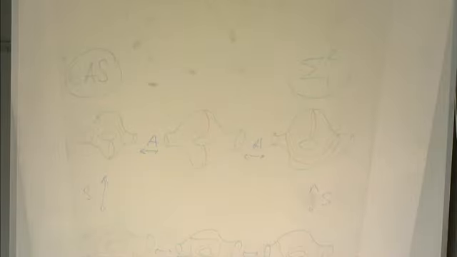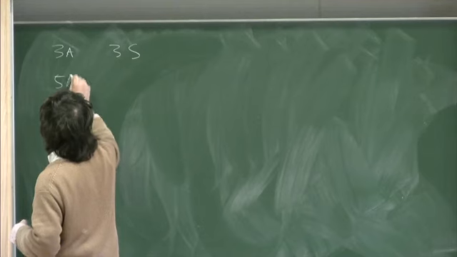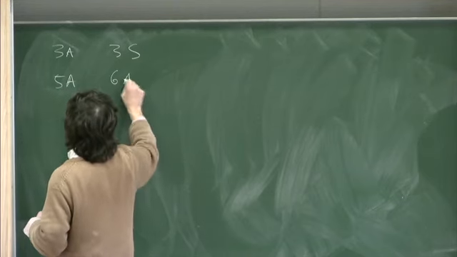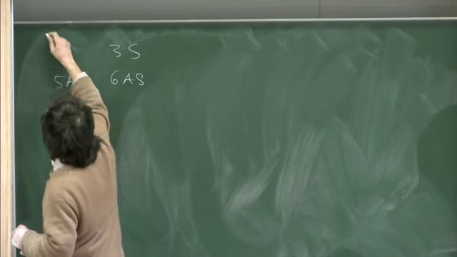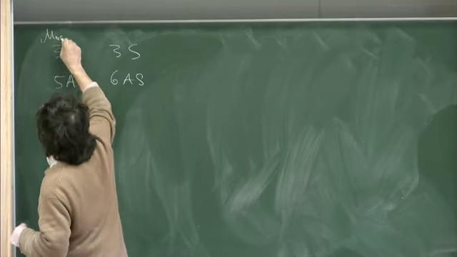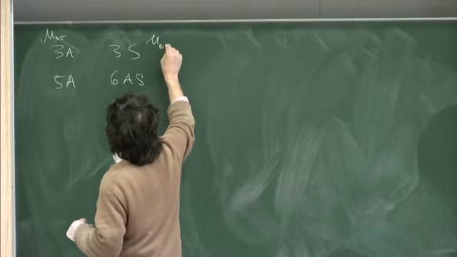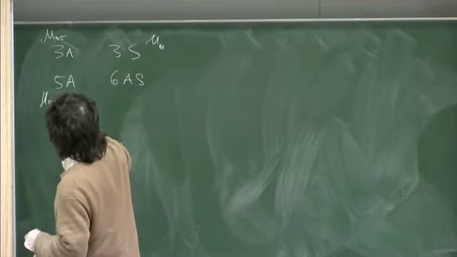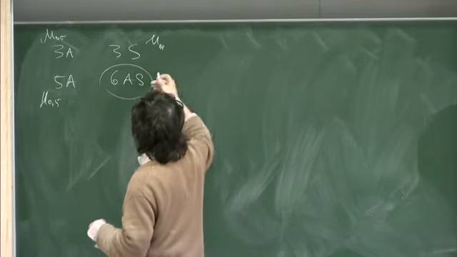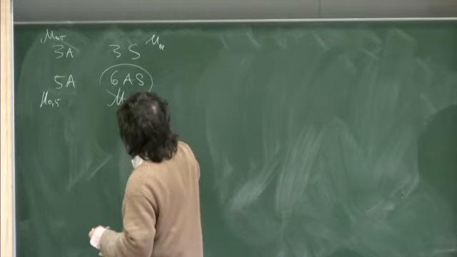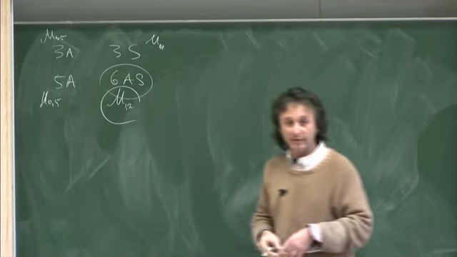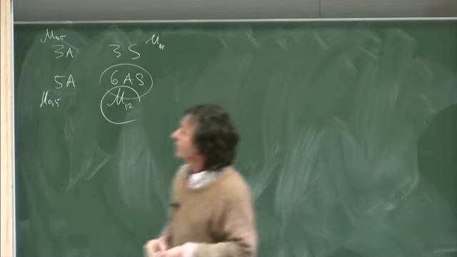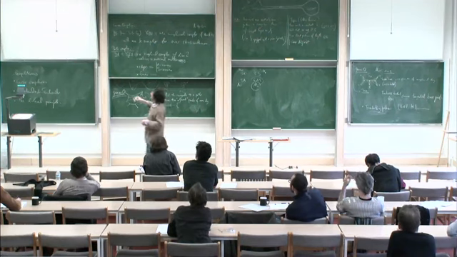So you have 3A, 3S, 5A, and you have 6AS. 3A has to do with M04, this is to do with M11, this is to do with M05, and this is the most mysterious. Well, no, it's not mysterious. It's the added one. It's to do with M12. So it's 2 points. It's genus 1 with 2 marked points.